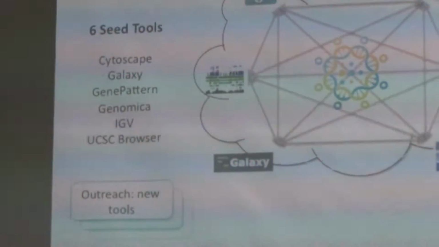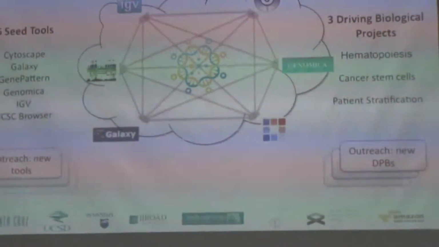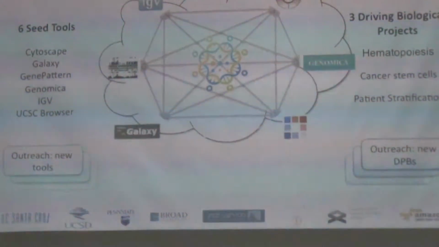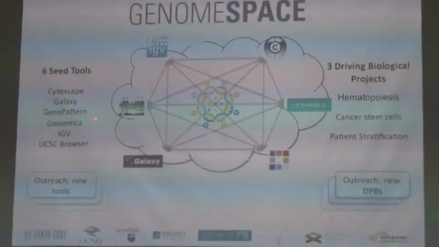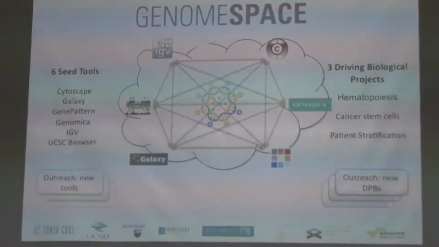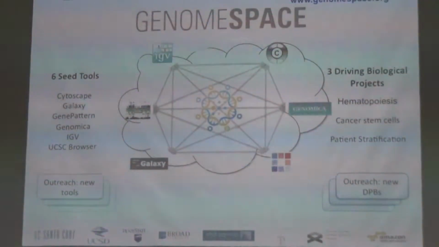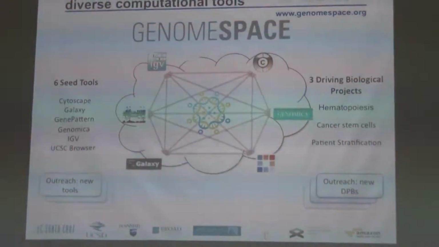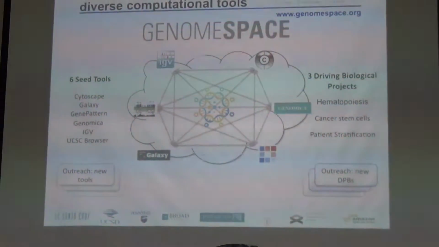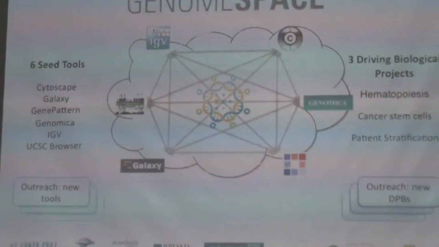Many institutions are involved, and we have some funding from the NIH, but also Amazon Web Services because it lives in the Amazon cloud. And the idea here is that you can very easily send data back and forth between these tools, and they make it easy for the biologists because they don't have to do any transformations of the data themselves. It's all done automatically. And we drive it by these 3 different biological projects, one of which is the medulloblastoma patient stratification project that I just spoke to you about.